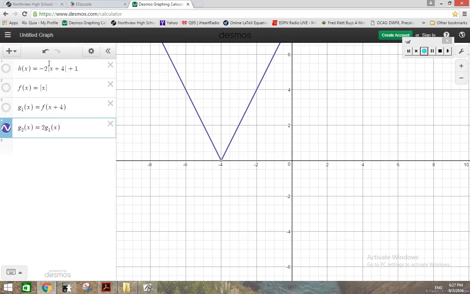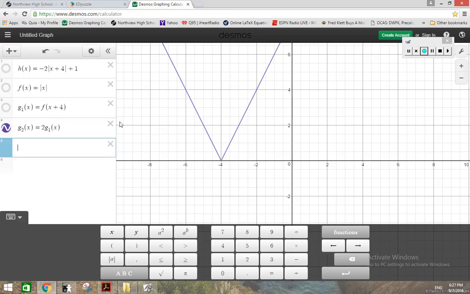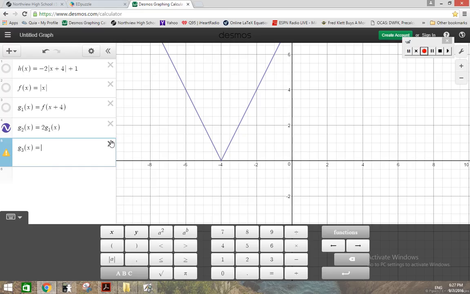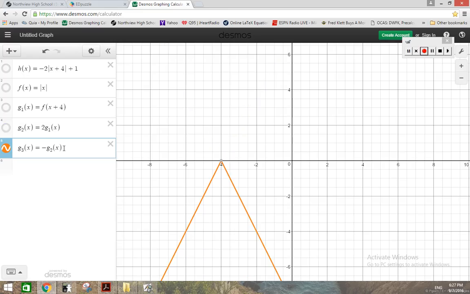And now the negative sign, I'm going to reflect that. And actually, I could change the order of this 2 and the -2, or I could have done it in the same step, but I just want to break it down and not do too many steps at once for you. If I reflect the previous graph across the x-axis, that's what that negative sign on the outside here is doing. And you can see that the absolute value opened upward, but now with the negative sign, it's opening downward.